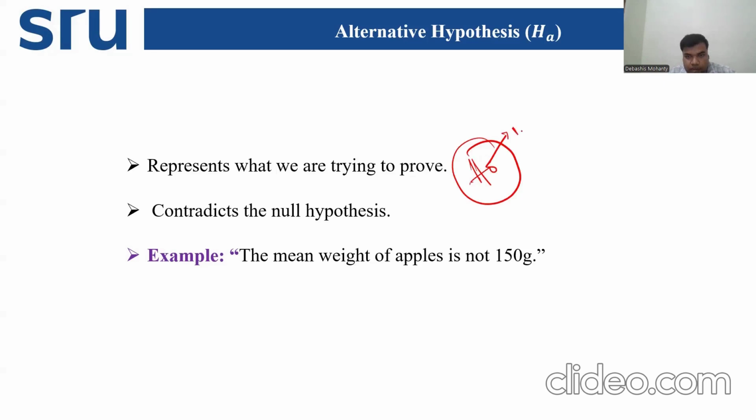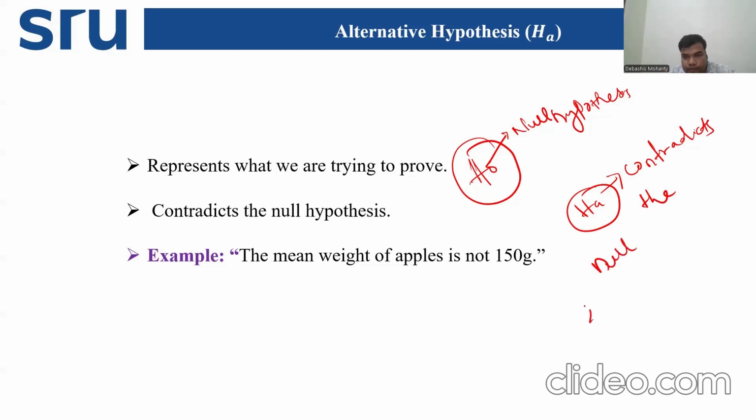Suppose this is the null hypothesis. The alternative hypothesis HA always contradicts the null hypothesis. Very much important.